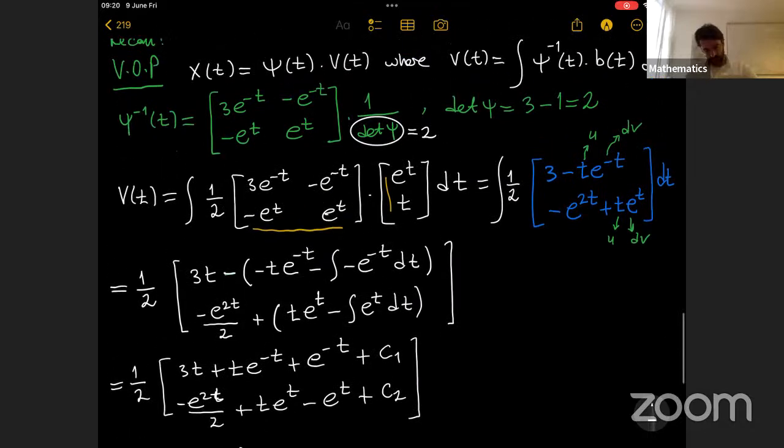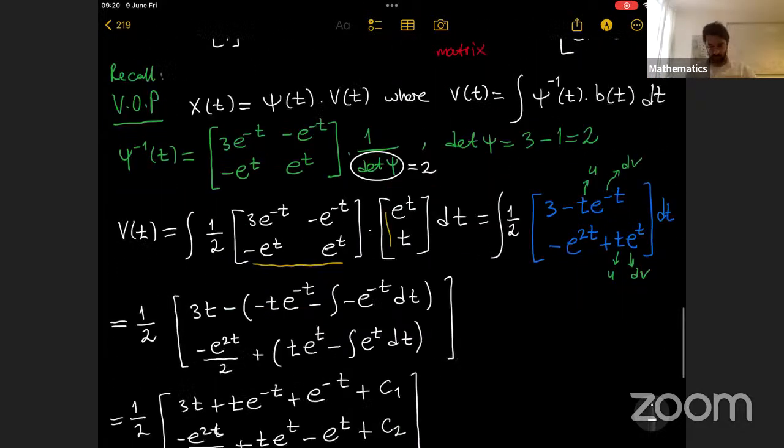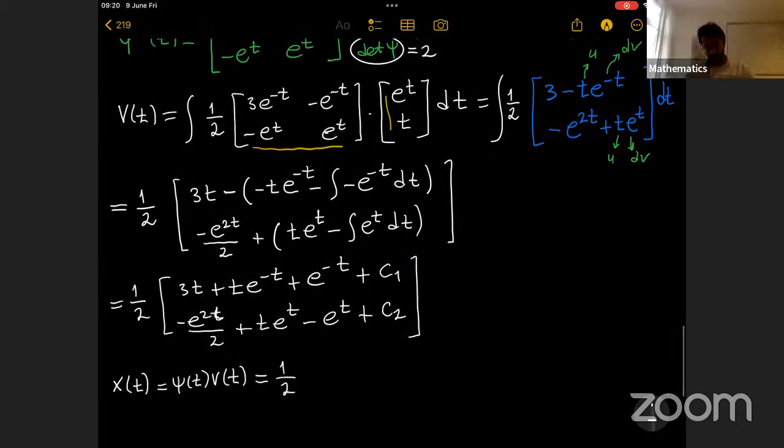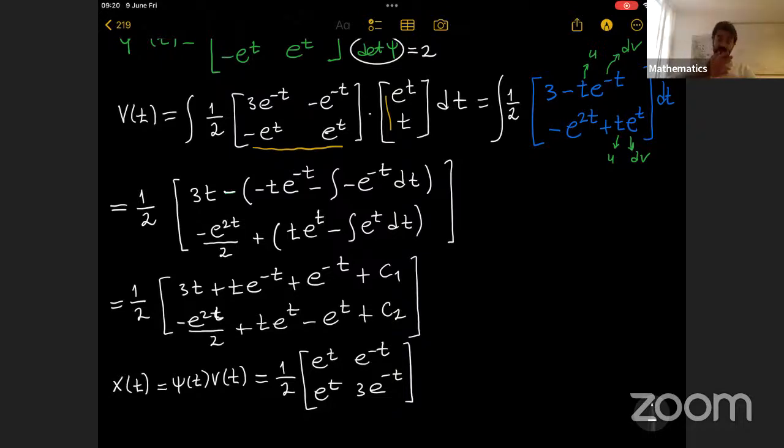Psi t is, remember, 1/2 times e to the t, e to the minus t, and so on. This is the fundamental matrix psi times v of t. V of t we just found here. You can write v of t by separating c1 and c2. It's going to be easier to work with.